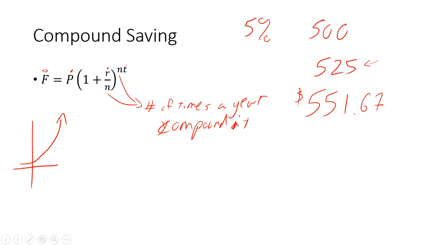So as you see, it grows a little bit more. And then the next year you'll take 5% of this amount, and then the next year you'll take 5% of that amount, and so on and so forth as it gets larger and larger and larger. So as you see, you'll get more money doing compound interest because it's based on how much is in there at the moment and not the original amount.